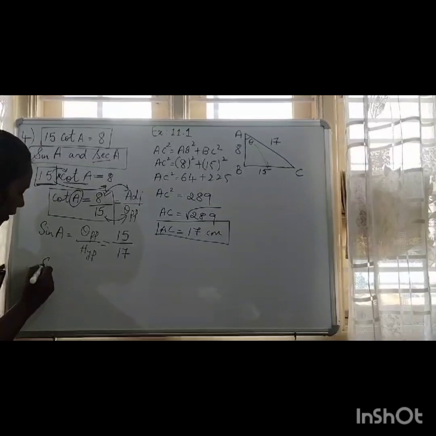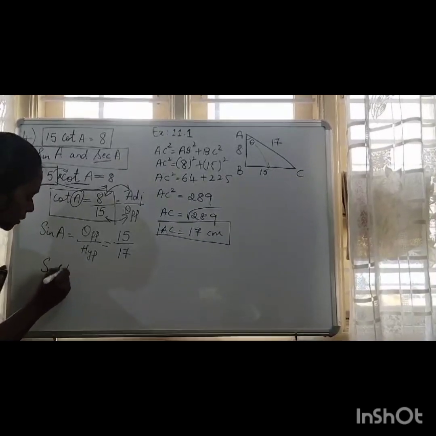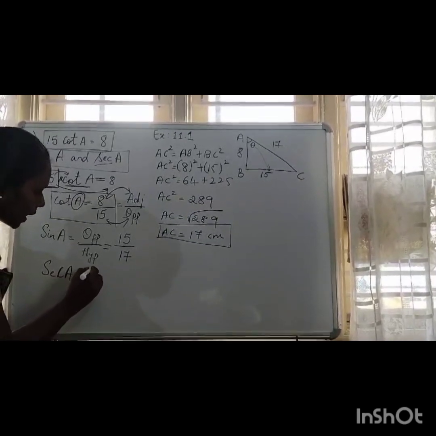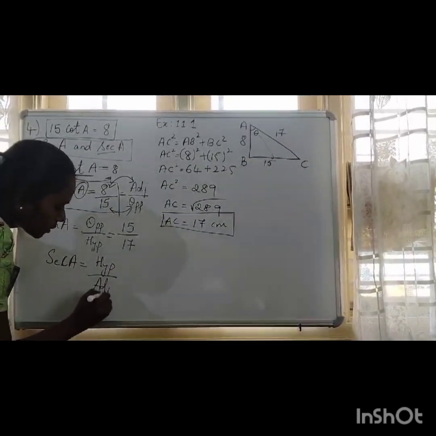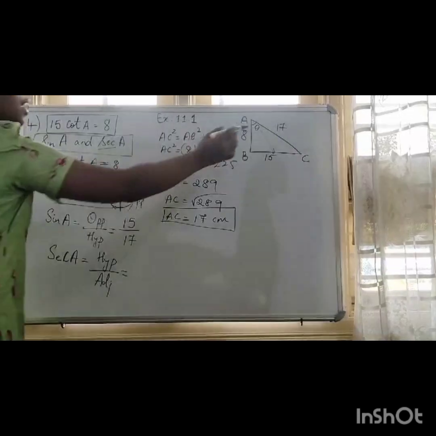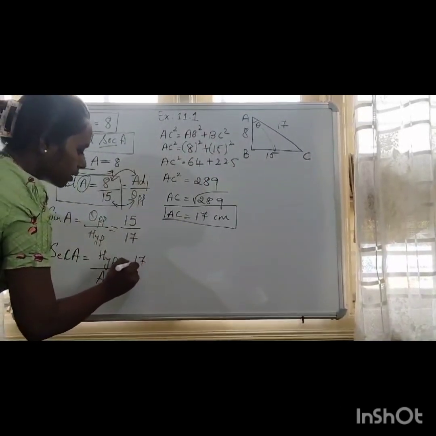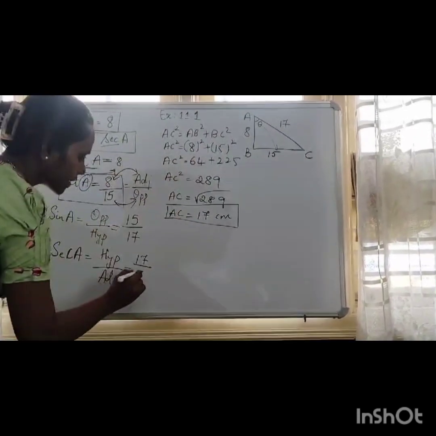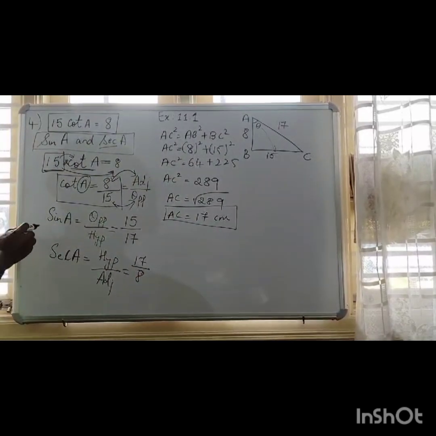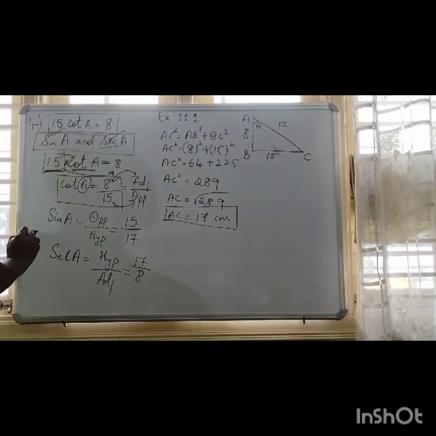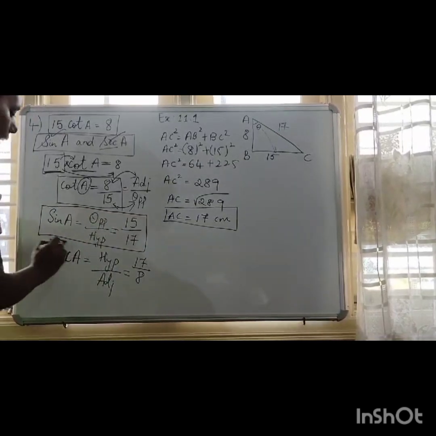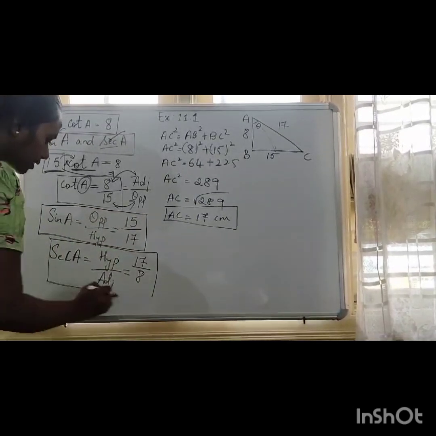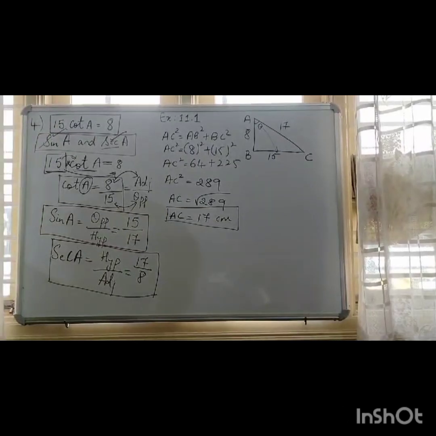Next, now let us find out secant A. Secant A ratio is hypotenuse by adjacent. Hypotenuse value is 17 centimeter and adjacent is 8 centimeter. So thus we have found out sine A and secant A. Sine A is 15 by 17 and secant A is 17 by 8. So this solves our fourth question.